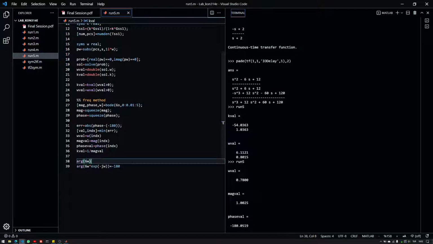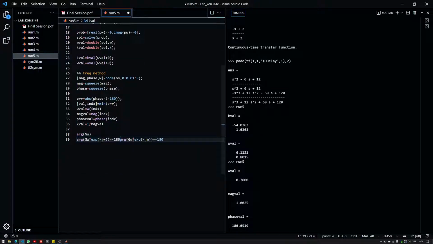Of course, the gain plot does not change. We've talked about this. If you take the absolute value of the multiplication of this, it does not really change. But in terms of argument, I can say that this argument plus the argument of the exponential term should be equal to 180 degrees.